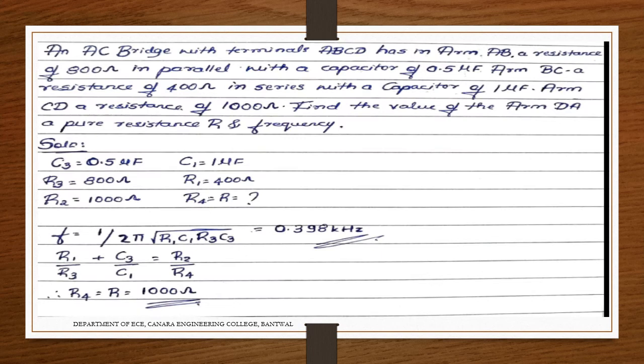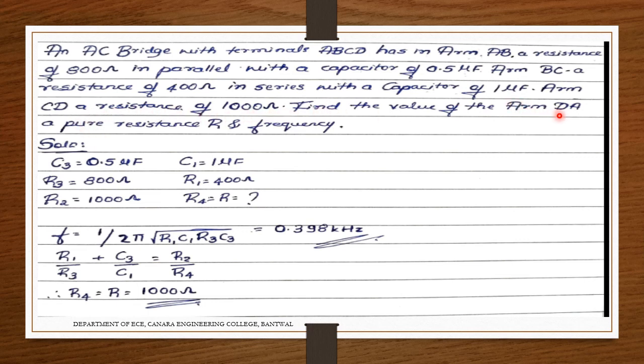An AC bridge with terminals ABCD has in arm AB a resistance of 800 ohm in parallel with a capacitor of 0.5 microfarad. Arm BC a resistance of 400 ohm in series with a capacitor of 1 microfarad. Arm CD a resistance of 1000 ohm.